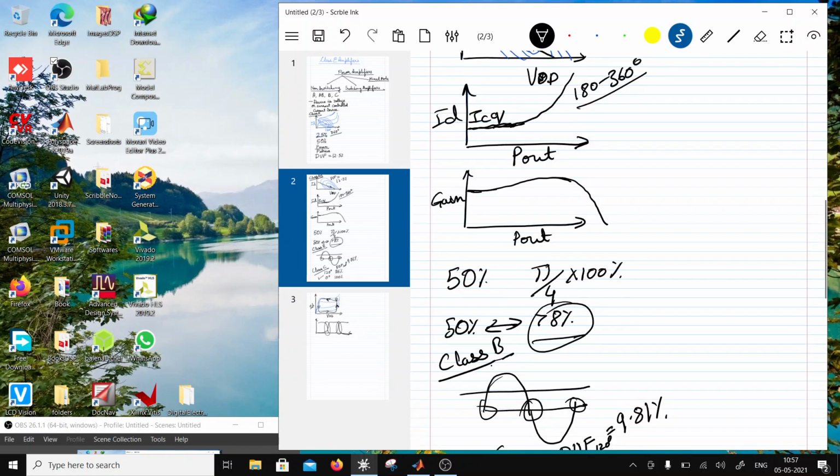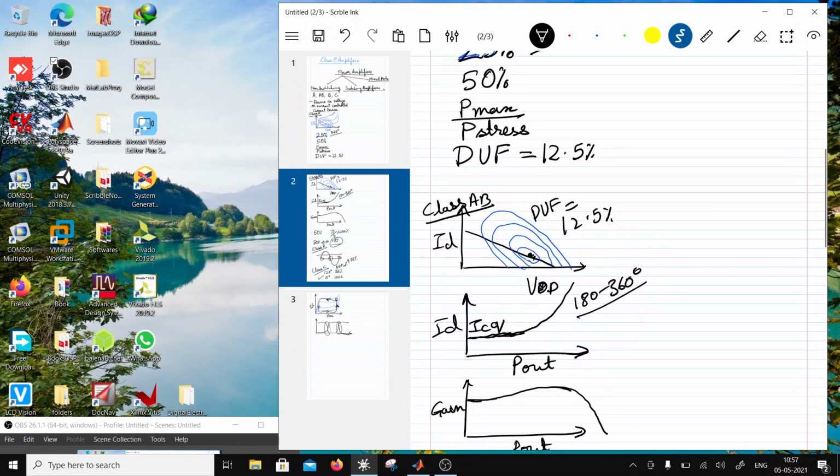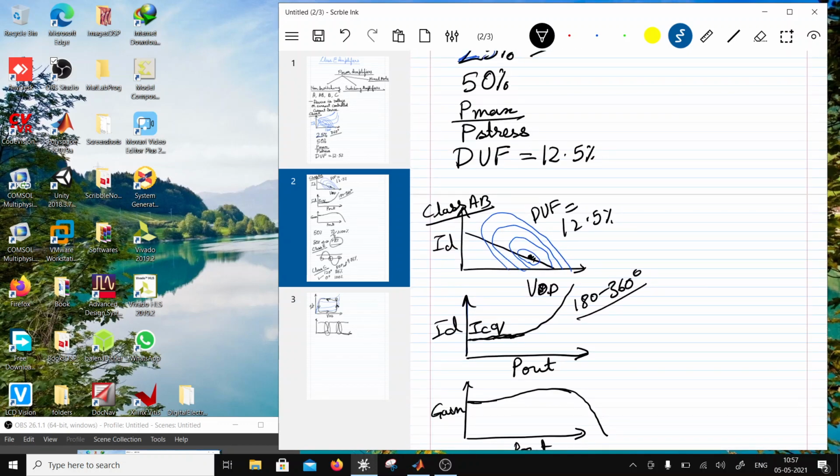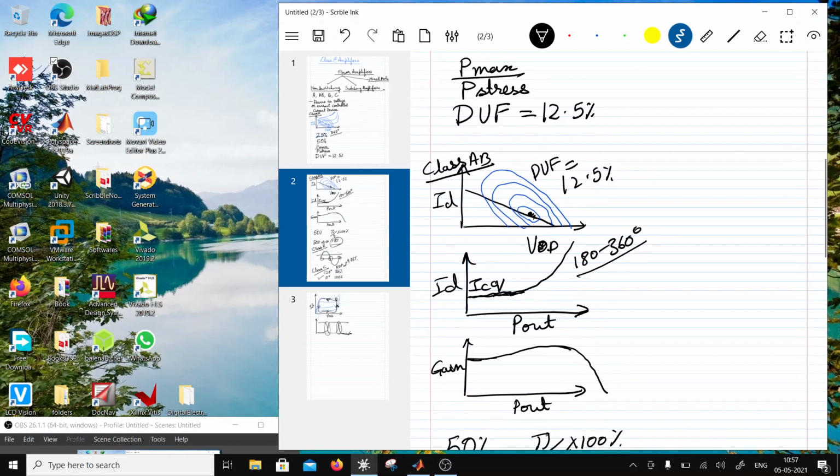Now, why is amplifier design so critical? This is because unlike passives, where the impedances are fixed, in the case of actives the impedances are not fixed because the bias condition is changing. So ICQ is the small signal. If you match it to ICQ, you have matched the amplifier at small signal.